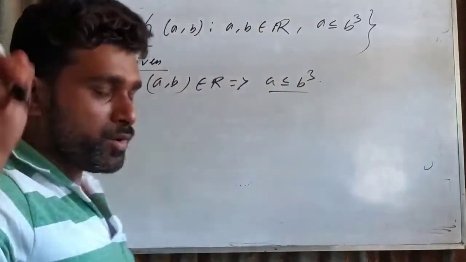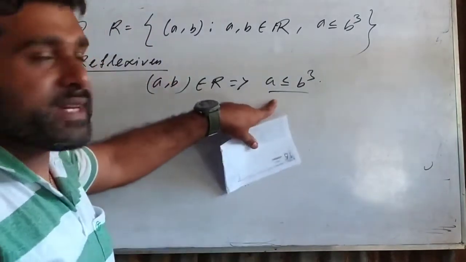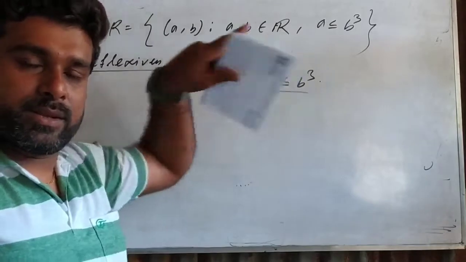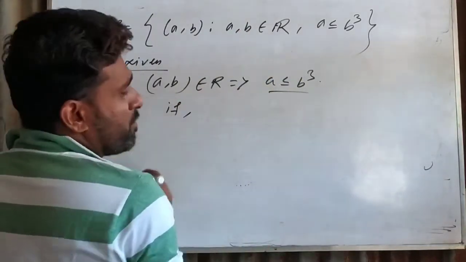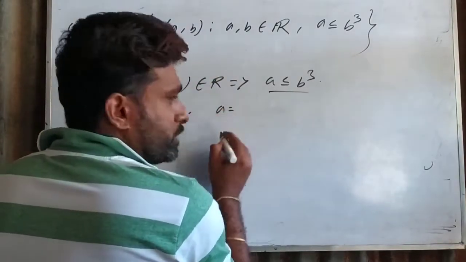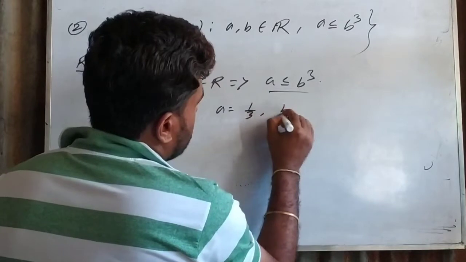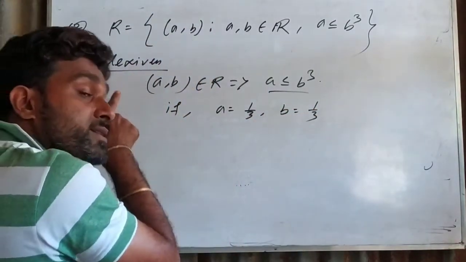It means whatever the values of a and b are chosen, that should satisfy this condition as well: a less equals to b cube. Now, if I choose some values of a and b here, so a equals 1 by 3, b equals 1 by 3, because we are going to prove the reflexivity property.